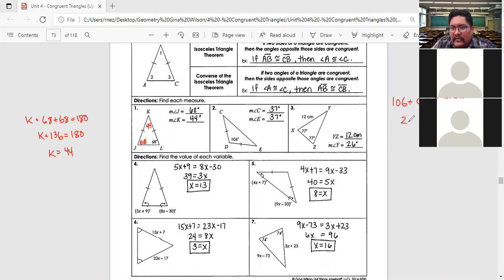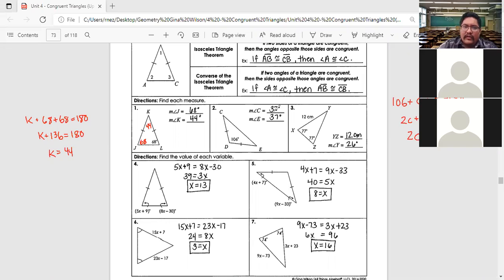So combine our like terms in this case. I'm going to switch sides, and put the C first just because that's a little bit easier to do. Now I'm going to do 180 and subtract 106 from both sides, and that would be 74. So 2C equals 74.